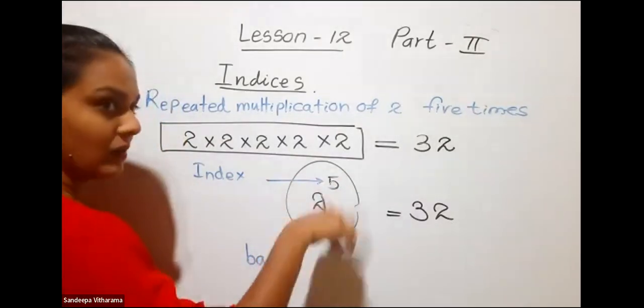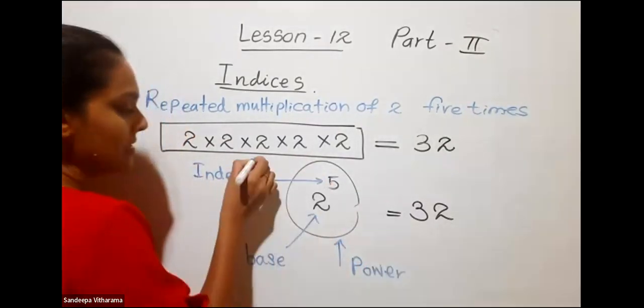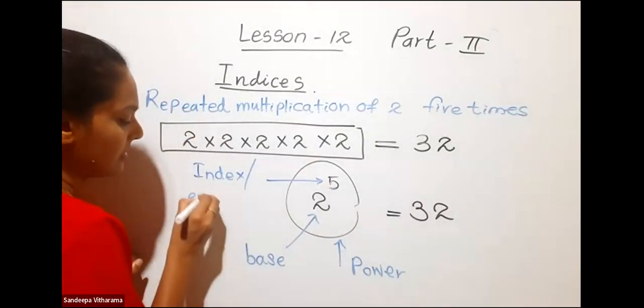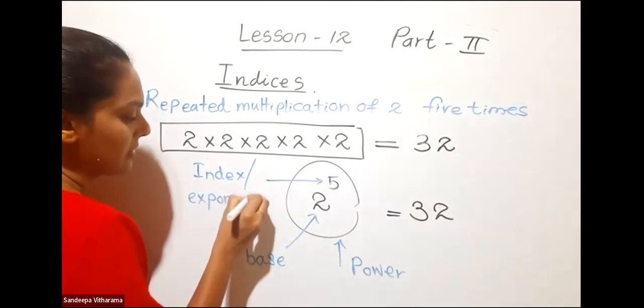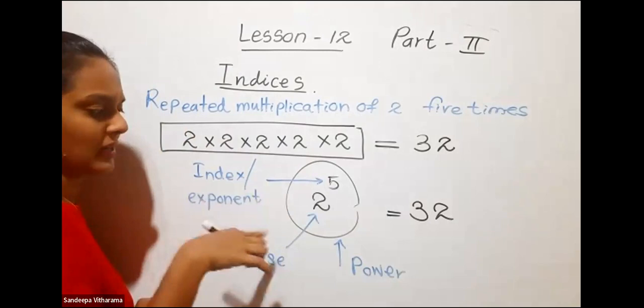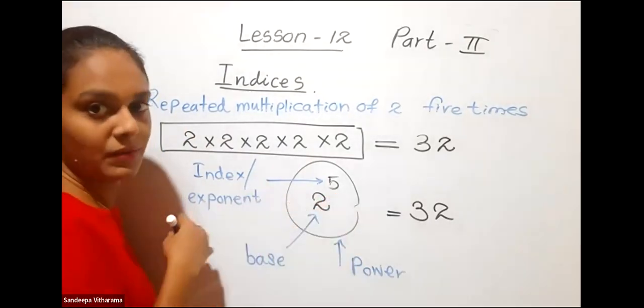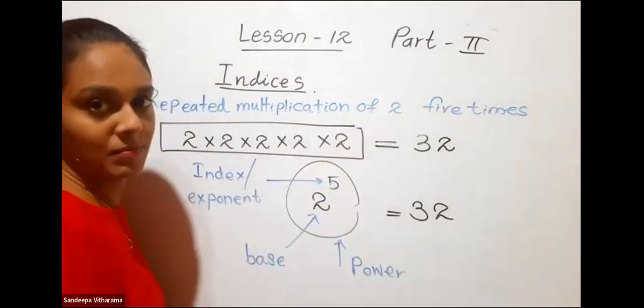For this whole term, we can call it a power. In some books, instead of index, we can write exponent. They have mentioned it as exponent, or in some cases, this is also expressed as power. But actually the whole expression is the power.